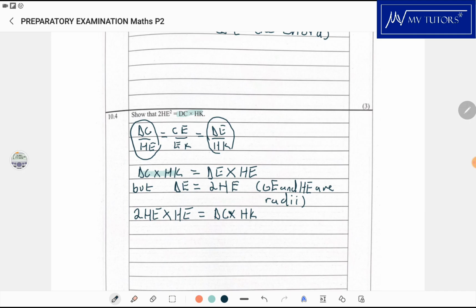And then finally, therefore, 2HE squared is equal to DC times HK. That's it. We have done the proof successfully now.